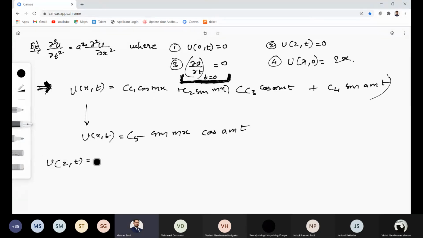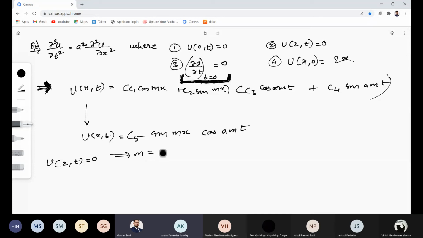If u of 2 comma t is equal to 0, which will imply that m is equal to, anyone? So it is n pi by 2.